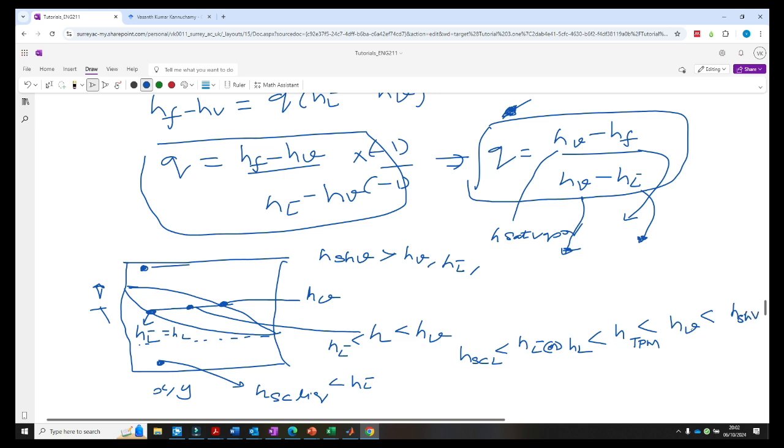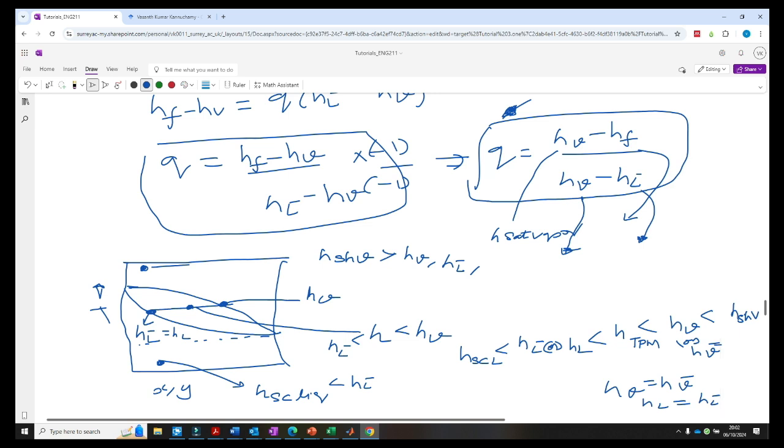We are not talking about steam. HV or HV dash, as we assumed HV equal to HV dash, and we also assumed HL is equal to HL dash.